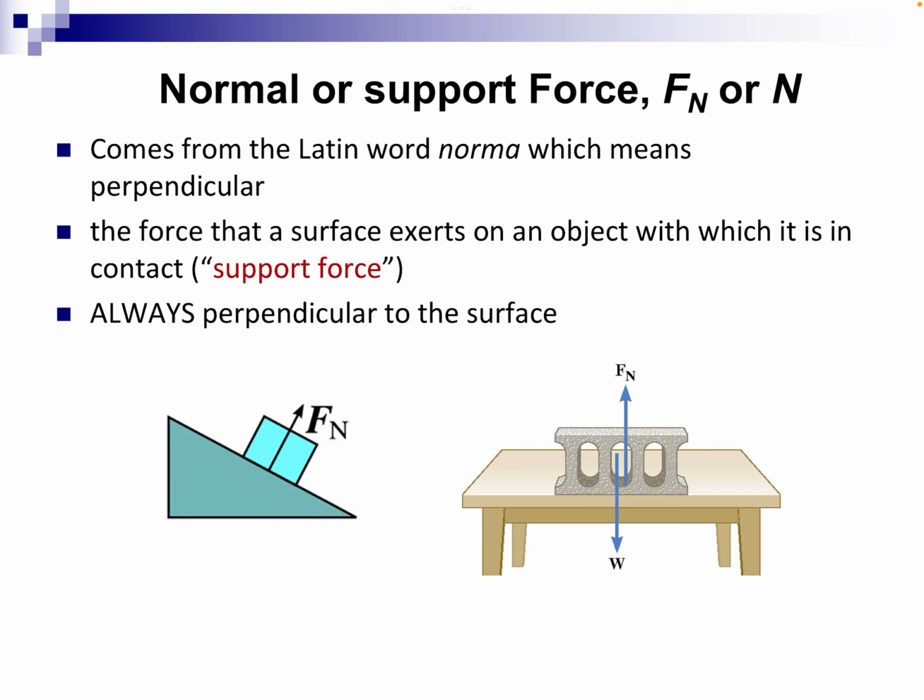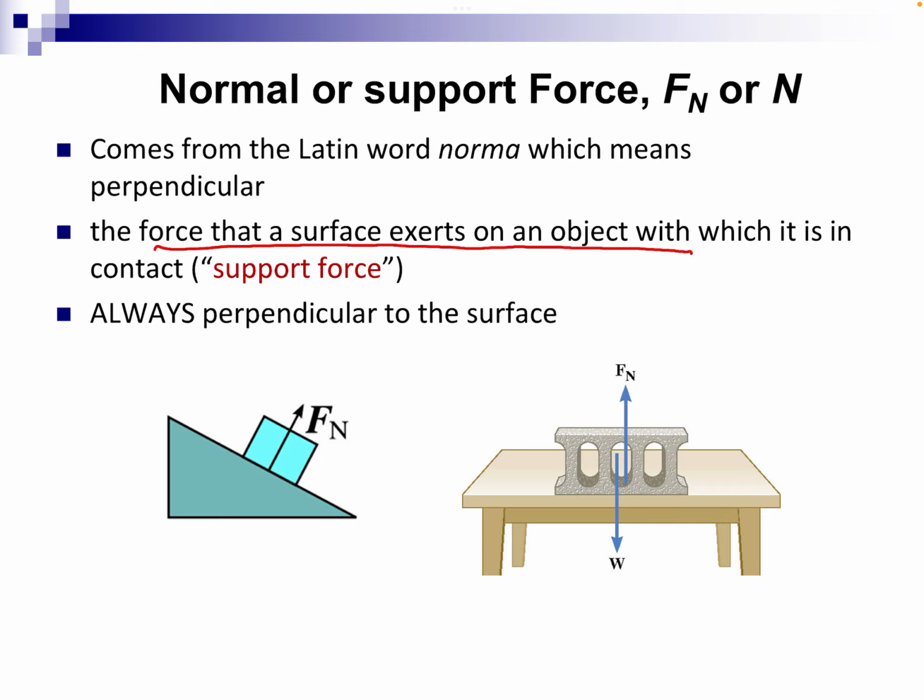Right, the second kind of force is called the normal force or support force, and we use the symbol N or F subscript N to designate normal or support force. Support force is the force that a surface exerts on an object with which it is in contact.